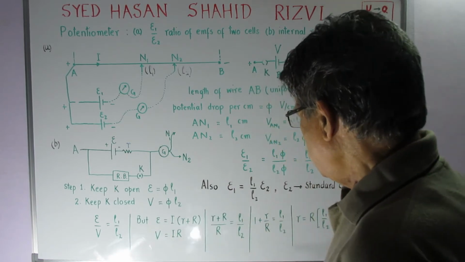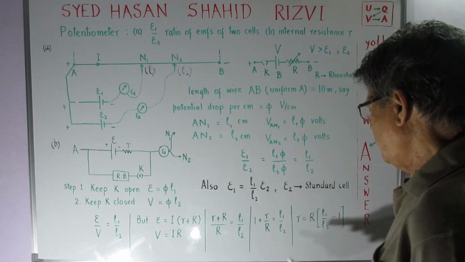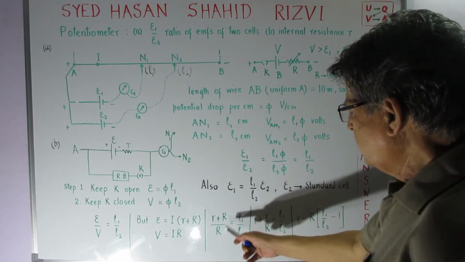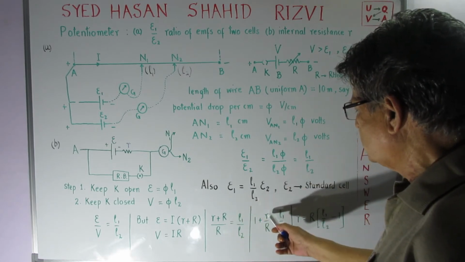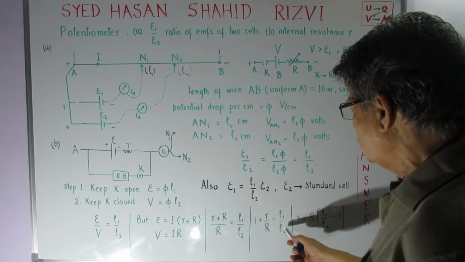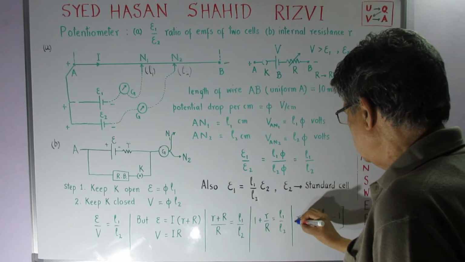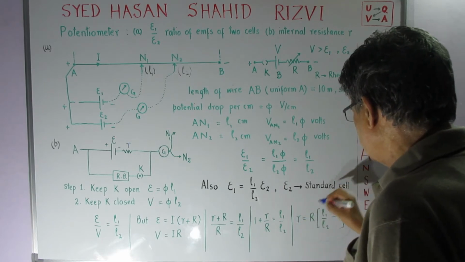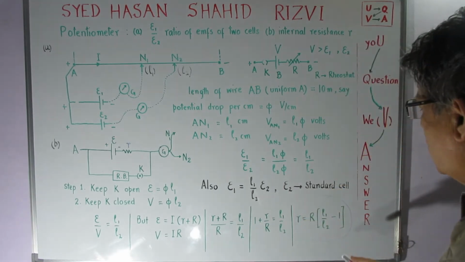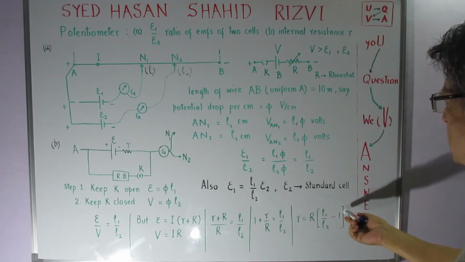Dividing by R, I get 1 plus small r upon capital R is equal to L1 upon L2. So small r can be obtained therefore like this: r = R(L1 upon L2 minus 1).